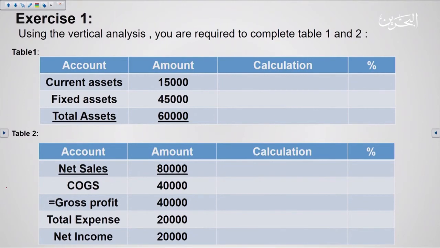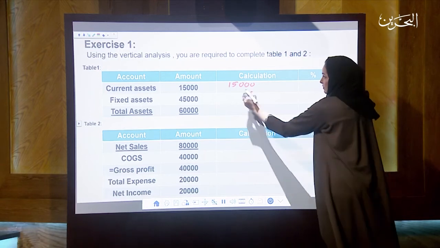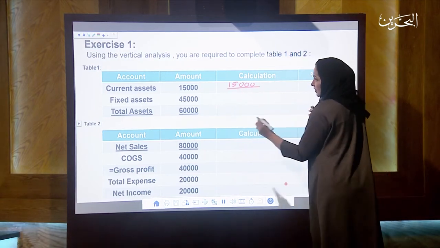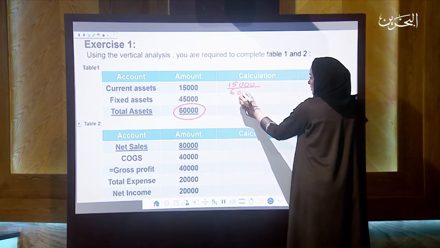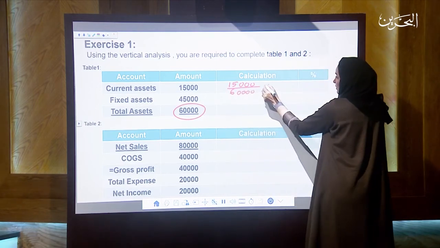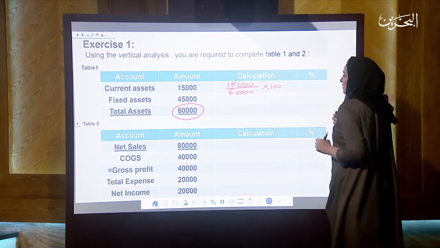Okay, let's start solving the question. $15,000 divided by total assets, 60,000, multiplied by 100.